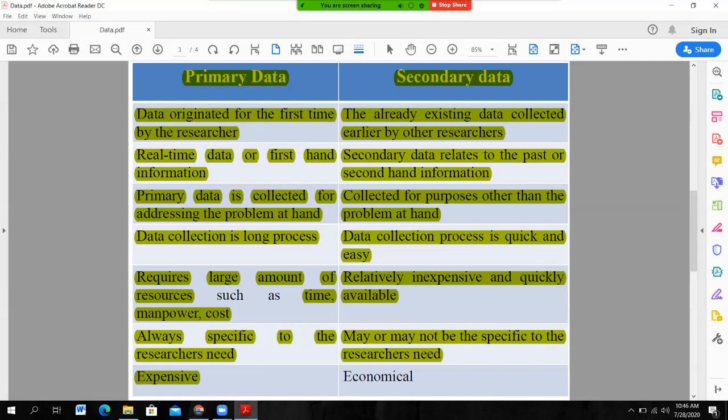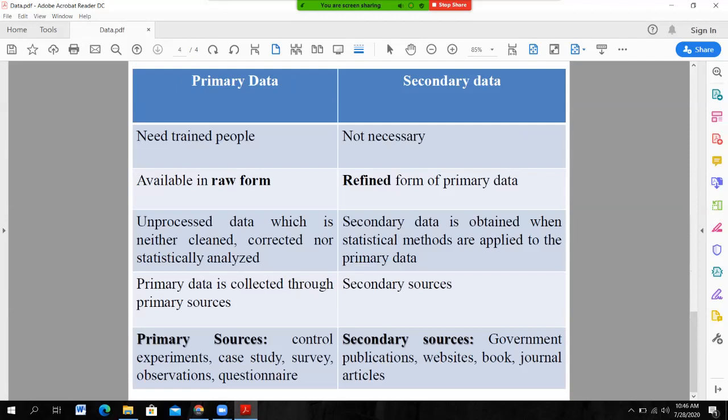While secondary data is only the searching of the relevant literature, so it is an economical way of collecting secondary information. Primary data requires trained people for its collection, while it is not necessary for secondary data.